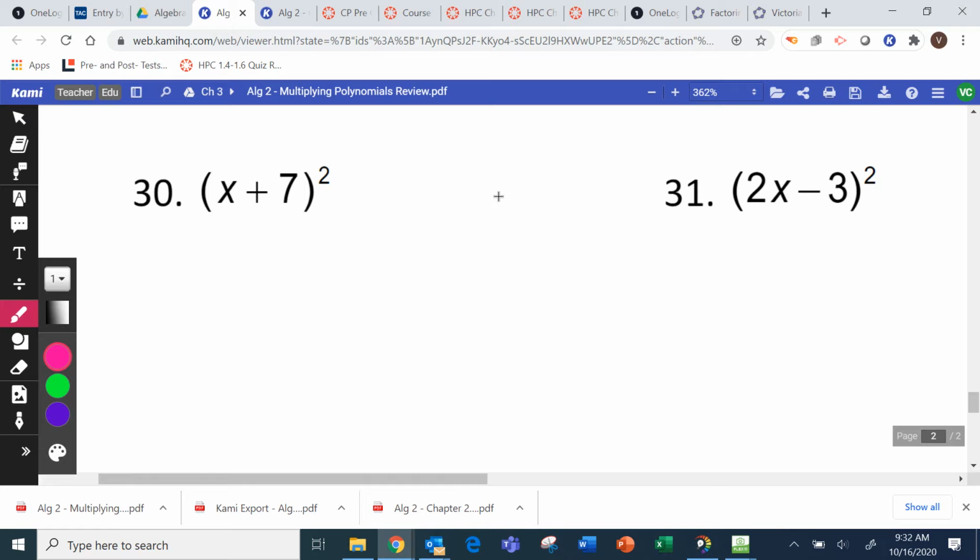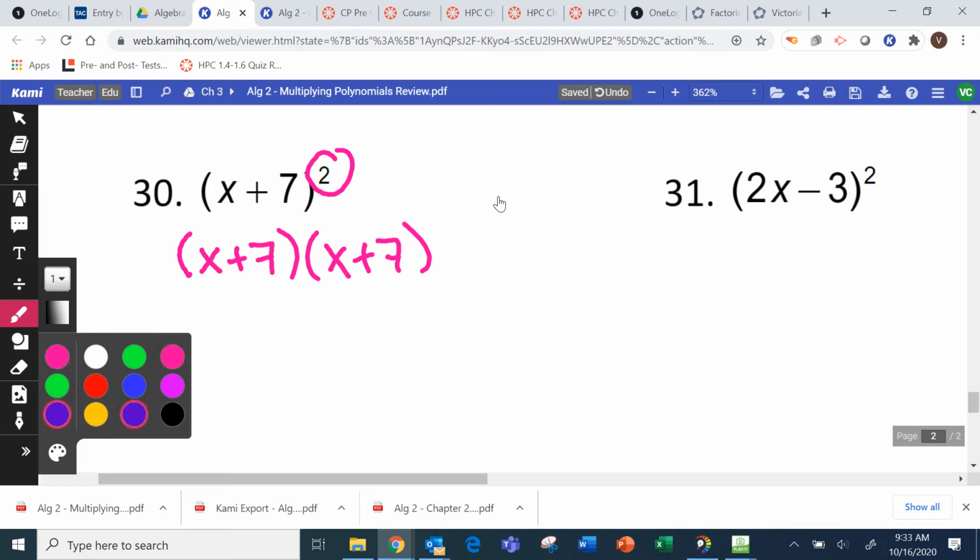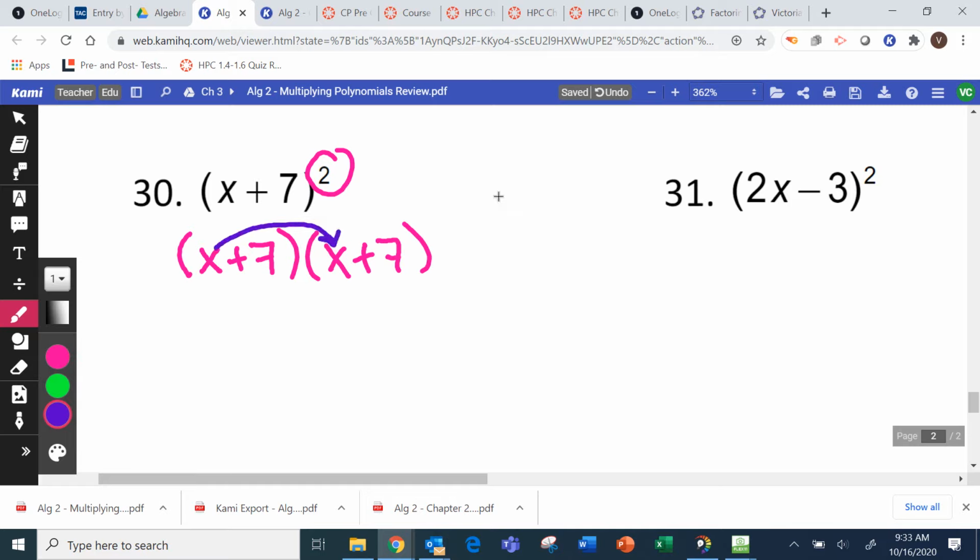Okay? So for number 30, squared means there's two of them. So your first step any time that it says squared is you have to write x plus 7 times x plus 7. You have to write both of them. Then I can multiply. So you can make the box and do the box method, or this time I'll do the FOIL method.